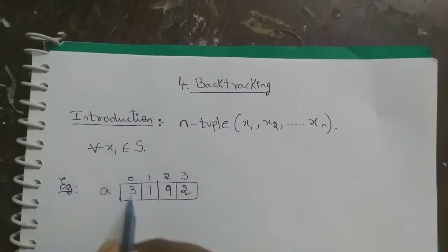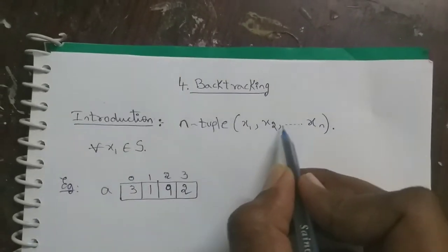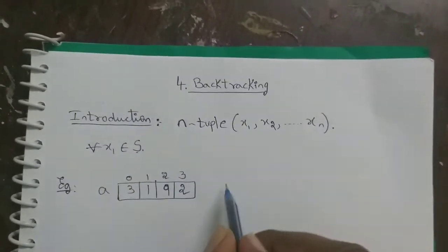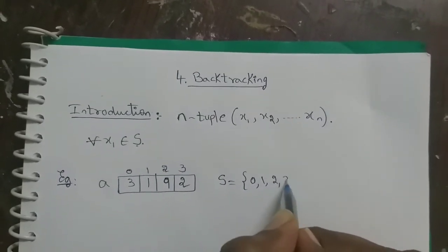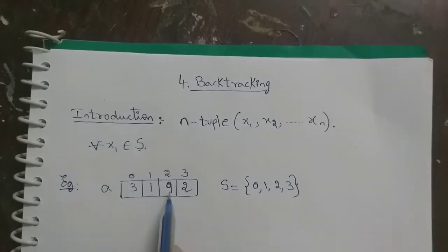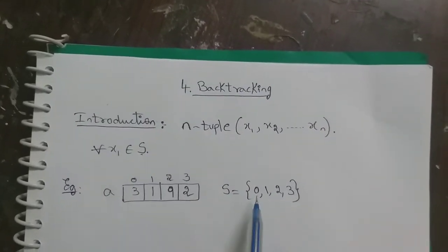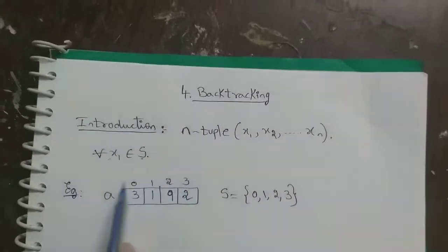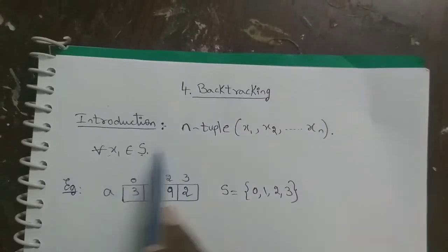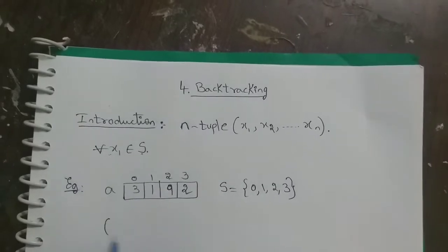And how do we represent this solution using the n-tuple form? For example, the set S here is 0, 1, 2 and 3. In order to represent the solution, we should choose all the x's only from this set. What is the n-tuple solution?